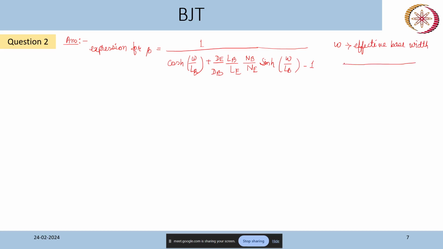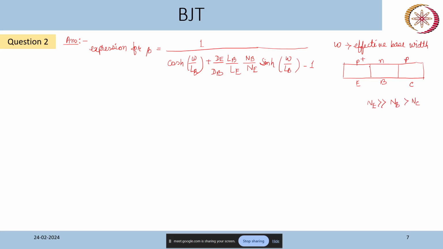Suppose it is a PNP transistor. As we discussed earlier, this is the emitter side, so it is heavily doped. This is base and this is collector. The doping concentrations are Ne much greater than Nb, which is greater than Nc.